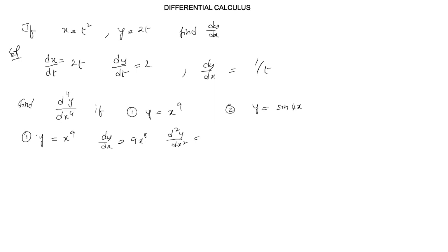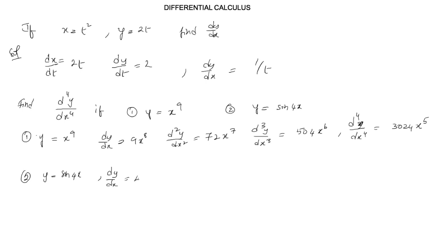So dy by dx is 9x power 8, d square y by dx square gives us 9 multiplied by 8, that is 72 x to the power of 7, and d cube y by dx cube gives 504 x power 6, and d power 4 y by dx power 4 is 3024 x power 5.